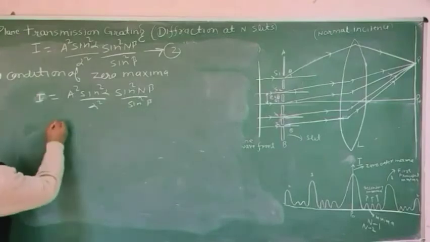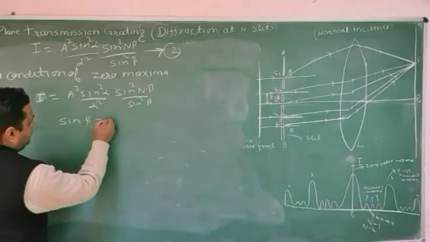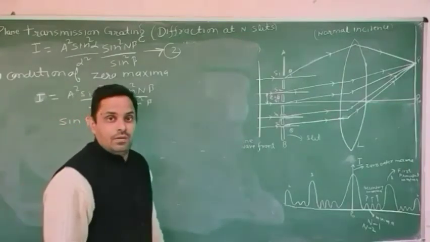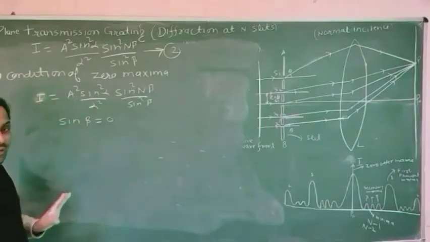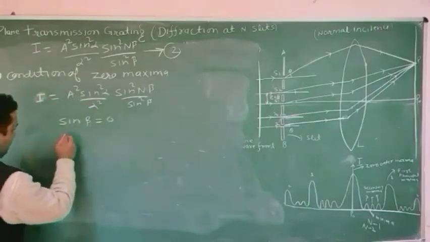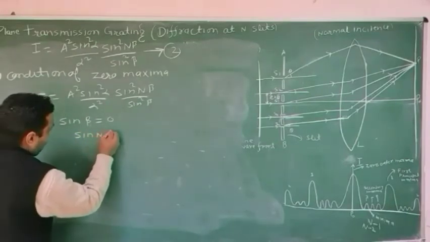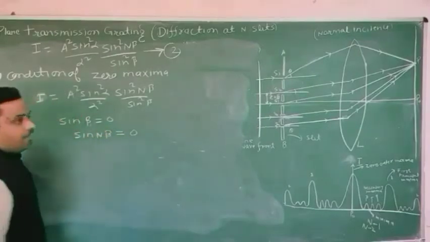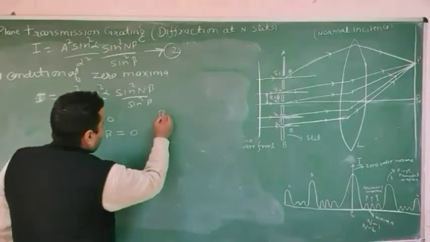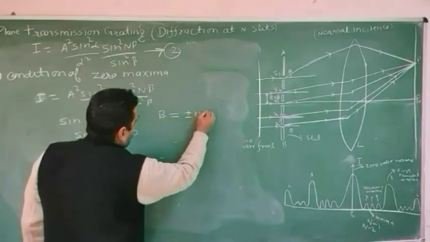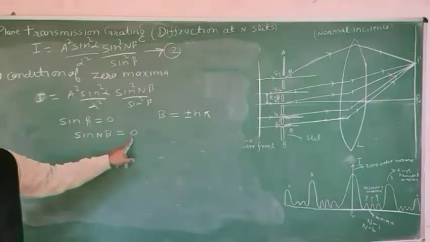So the intensity will be maximum when sin beta is 0. Understand? When sin beta is 0, the intensity will be maximum. So apply beta is equal to plus minus n pi. But in the same case, sin N beta is also equal to 0.